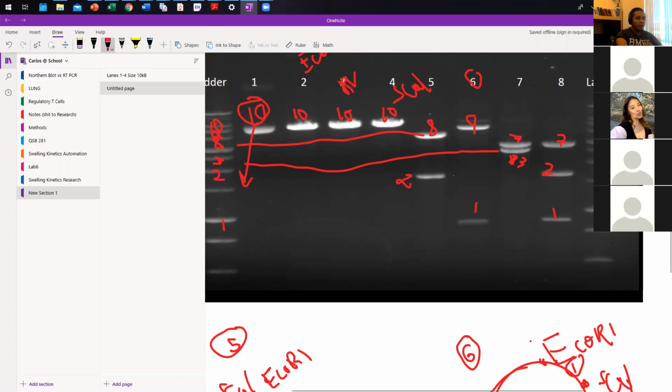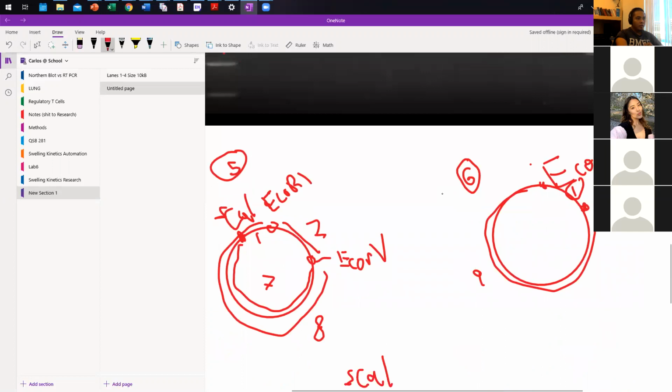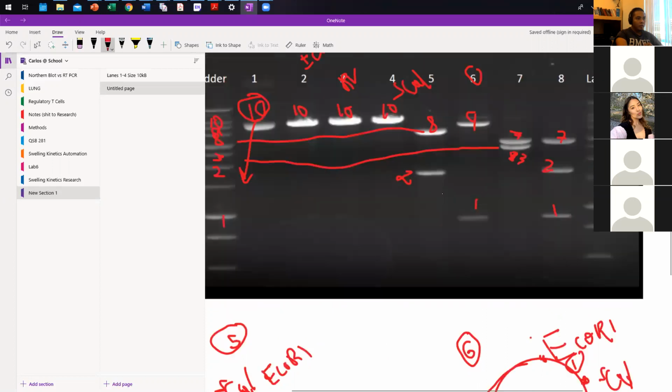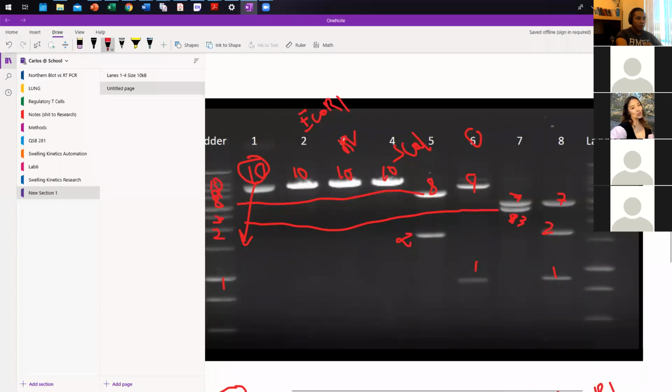Yeah, because what I'm saying is you have 10 right here, and all you did is separate it out revolving around that number 10, like 8 and 2, and then 9 and 1. Yes. Basically, we are just looking for the first one, and then that's how we determine the others. Yes. Once you determine these, you know that these have to add up to these because that's your full fragment. That's the whole fragment with one cut.